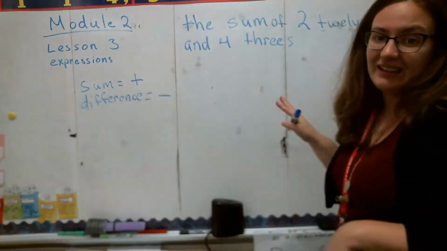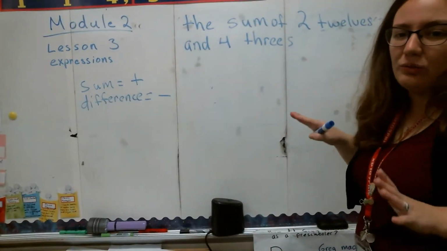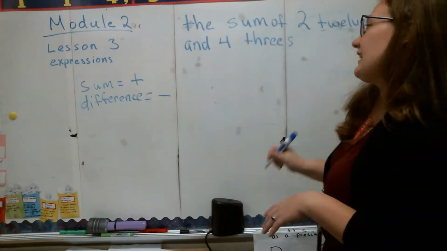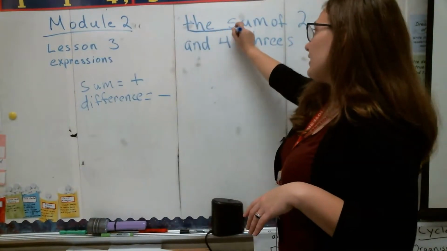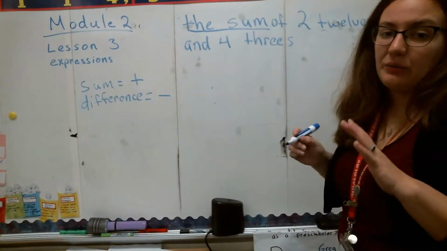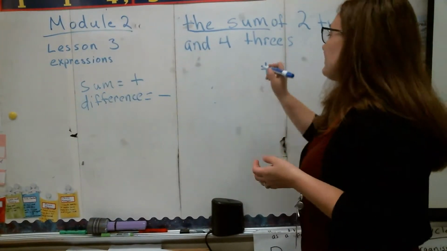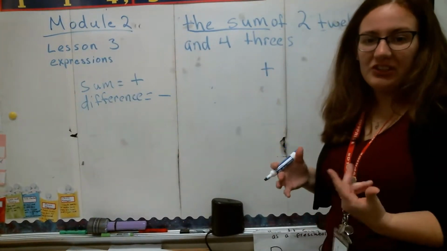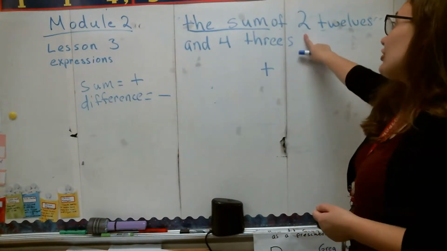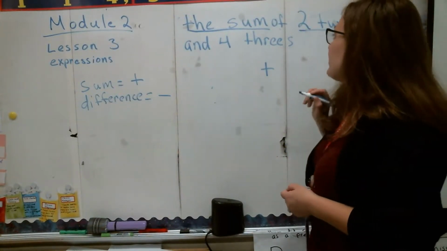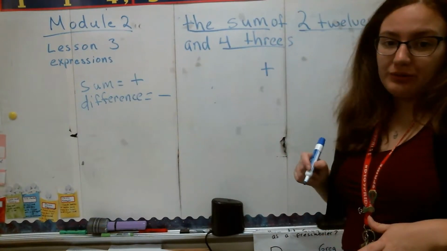Now this is a difficult one because there's so much going on. I first look at this part right here, and it says the sum. So I know for sure I'm going to be adding something. I'm just not sure what yet. So it says that I have 2 12s and 4 3s.